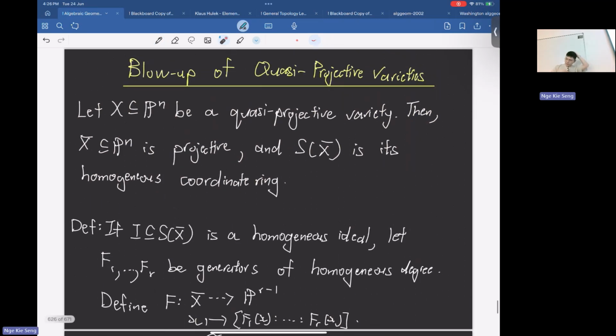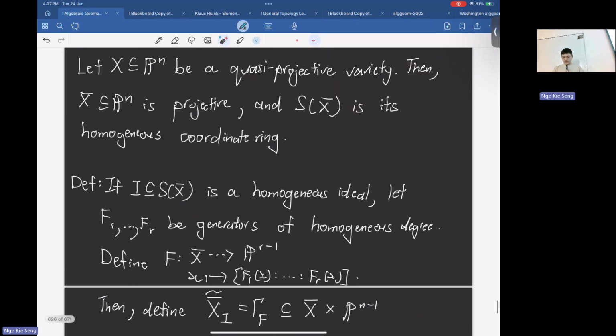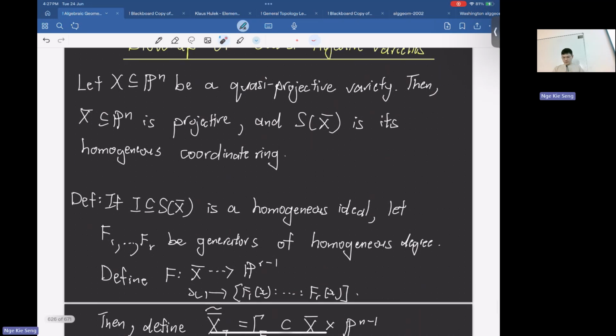We also mentioned blowing up quasi-projective varieties, but quasi-projective varieties are open subsets, and so far what we are blowing up are closed. So how do we blow up an open set? Instead we need to look at the closure first, and then we blow up along this closure.